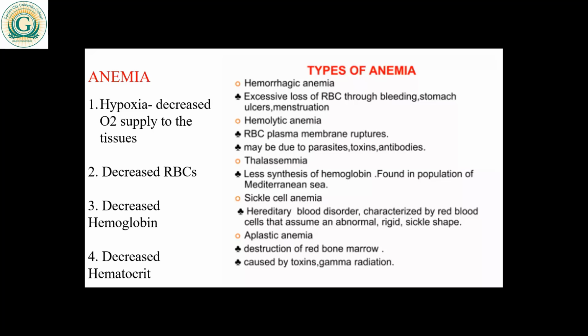Then we have the commonly known sickle cell anemia, which is also a hereditary condition, and it's characterized by red blood cells that assume an abnormal rigid sickle shape. And their shape gives them an abnormality as to the function of this red blood cell.